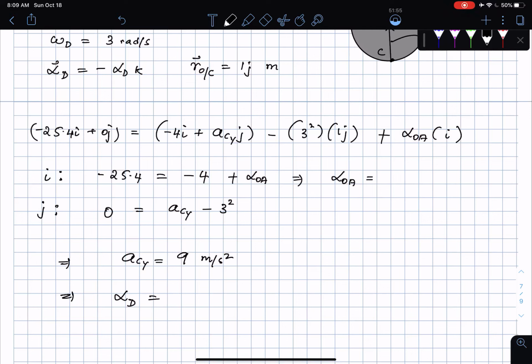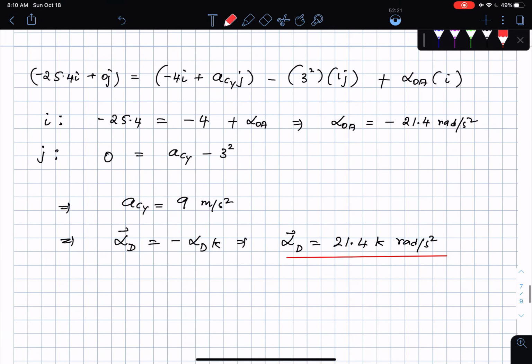I'm probably getting hungry for my breakfast, so all right, so this is going to be minus 21.4 radians per second square. So alpha of the disk, which I had assumed to be alpha disk in the K, will now give me minus, and minus becomes a plus, so I'm going to have 21.4 K radians per second square.